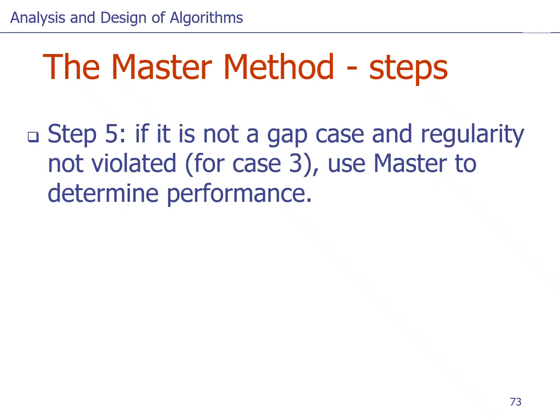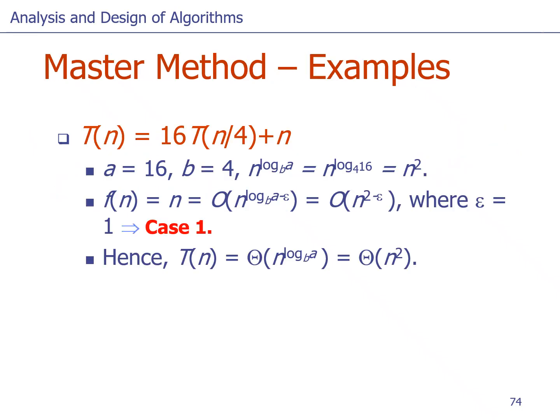Now, if it's not a gap case and the regularity is not violated, then use the master method to determine the performance. So let's see an example. T(n) is equal to 16T(n/4) plus n. So the A is equal to 16, the B is equal to 4. Let's compute n to the power of log a base b.